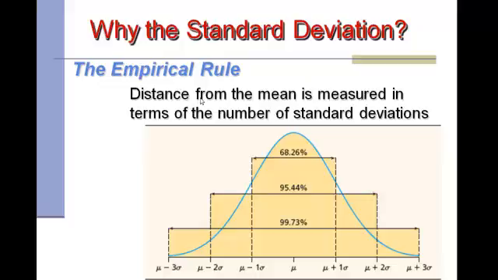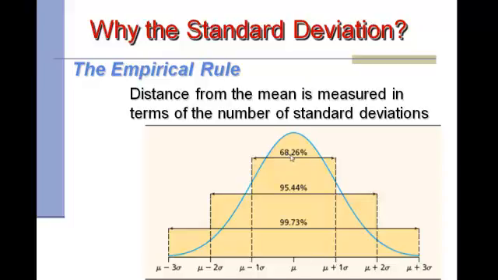And as it tells you here, we measure the distance from the mean. Here's the mean of a particular data set. And you can see this very beautiful, perfectly shaped bell-shaped curve. And here's the mean, the average. And then we can measure the mean plus 1 standard deviation, and that would be at this point, or the mean minus 1 standard deviation, and that distance is plus or minus 1 standard deviation.